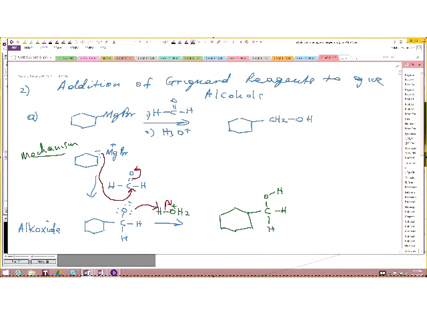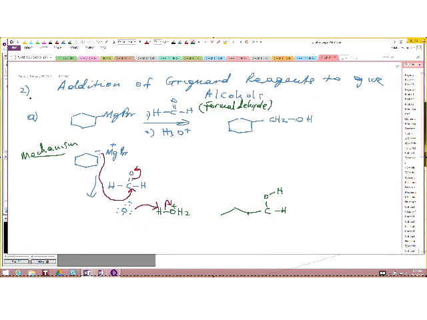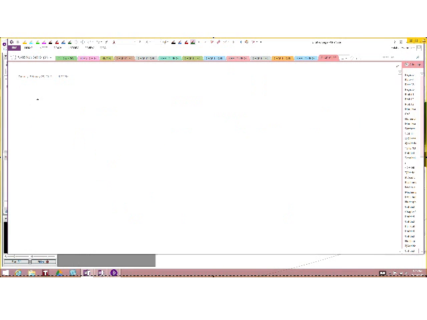In this case we are forming a primary alcohol if you react the Grignard with formaldehyde. This here is formaldehyde. Other examples of the Grignard reacting with carbonyl. Call this 2B.